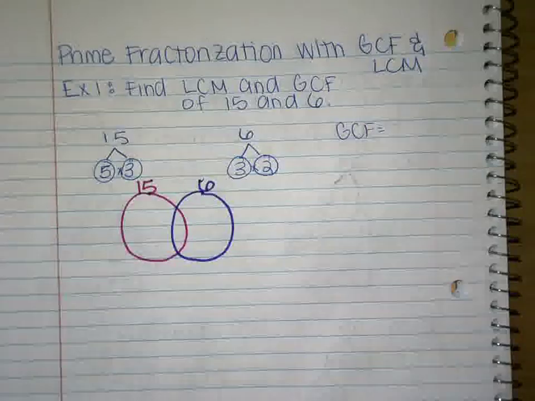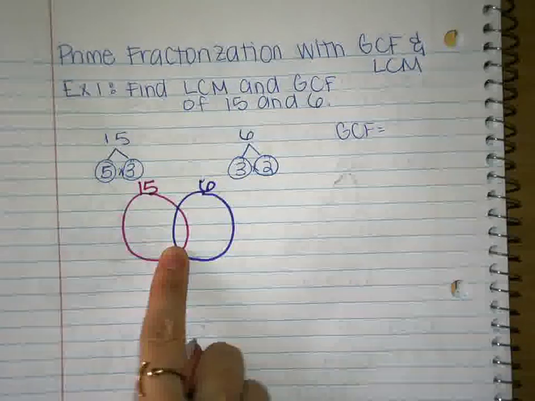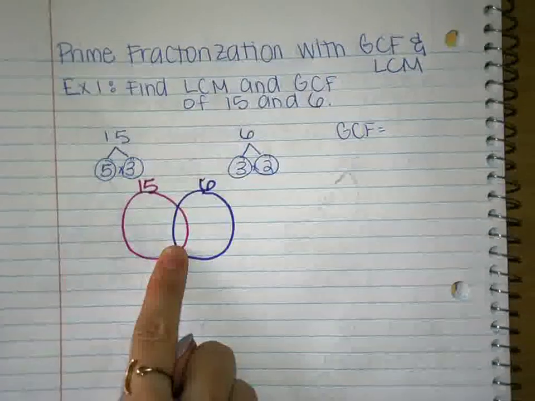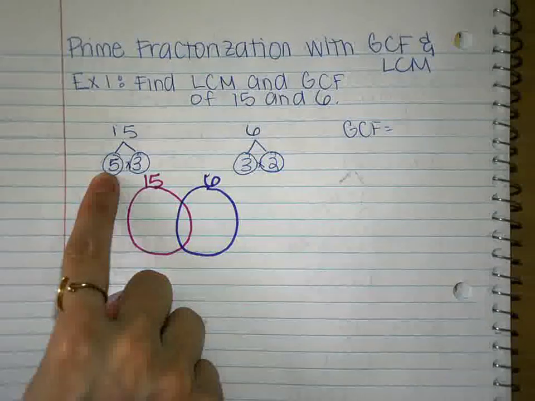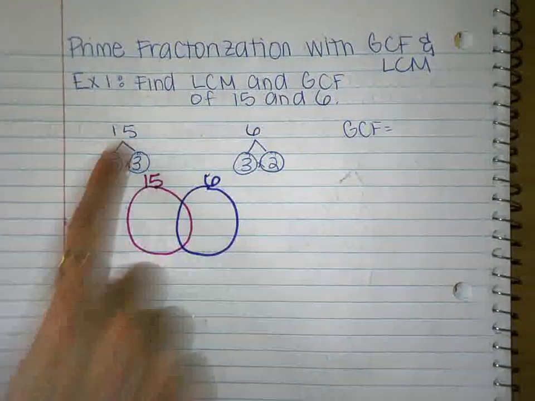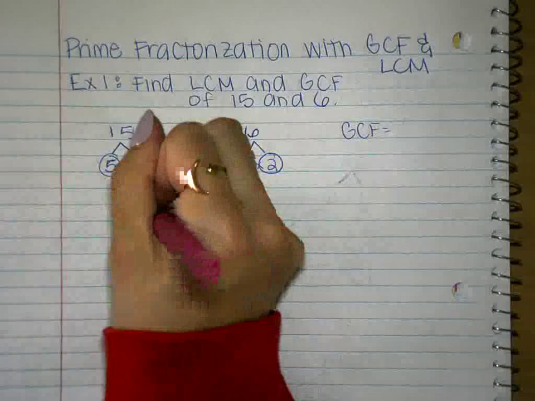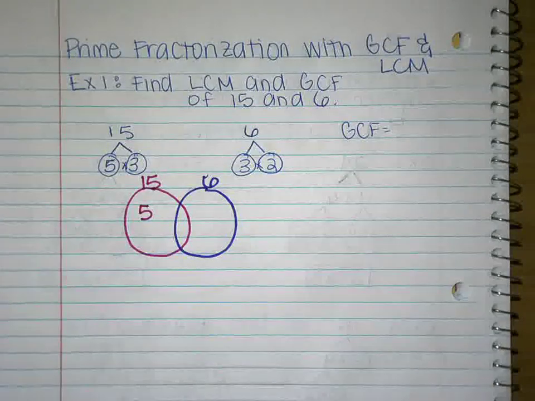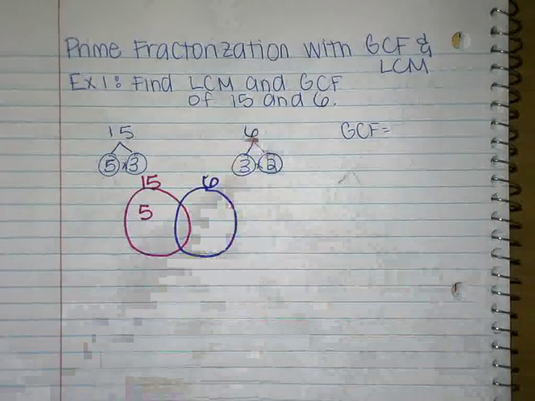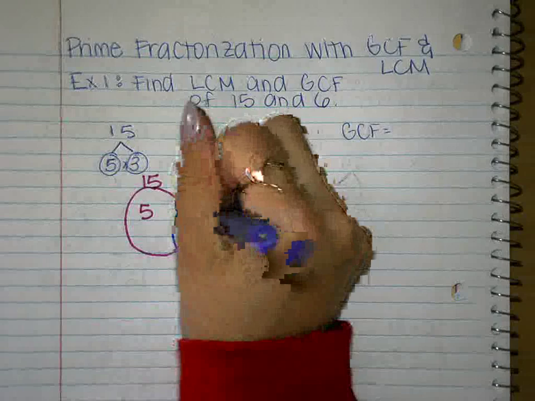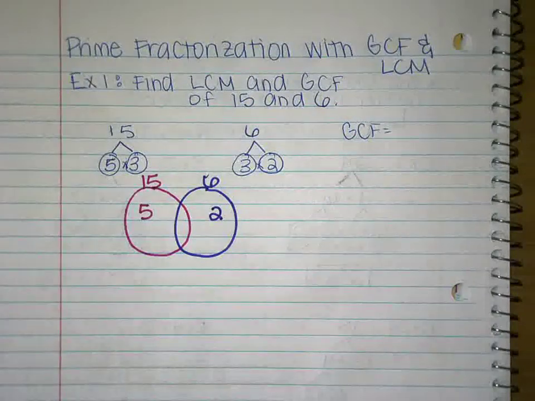And then we have a number in the middle. So the way that this works is you put wherever the number goes. So if I look at 5, well, 5 only goes into 15, so I'm going to write the 5 in the 15 circle. I see the 2. 2 only goes into 6, so I write the 2 in the 6 circle.